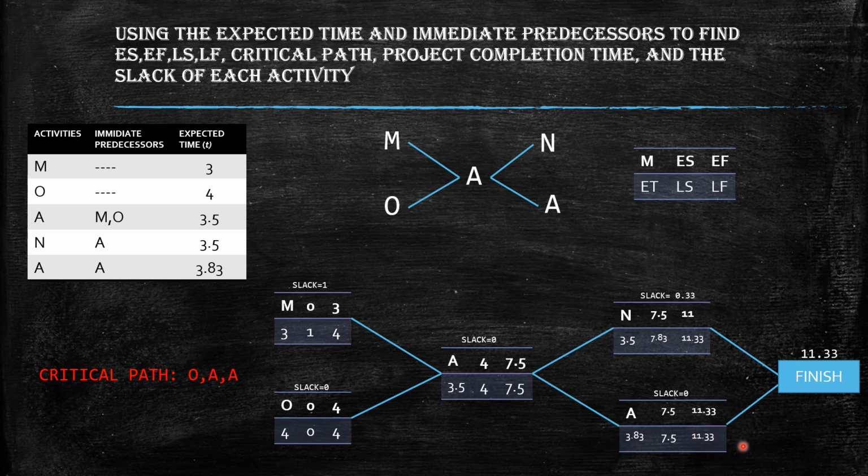11.33, 11.33, 0. Here, we have 7.5, 7.83. So their difference is 0.33. And since their slack is 0 here, this here gonna be our critical path, which is O, activity A, and activity A till you finish.